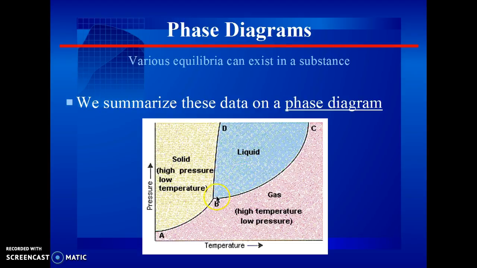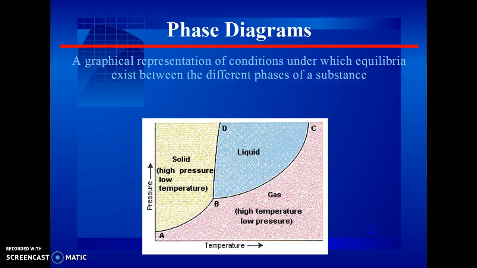Liquid occurs above a certain pressure and temperature, which we'll call the triple point, and gases occur above a certain temperature, and once you get to something called the critical point, at that temperature and above, the liquid stage cannot occur. We'll look at these in some detail.